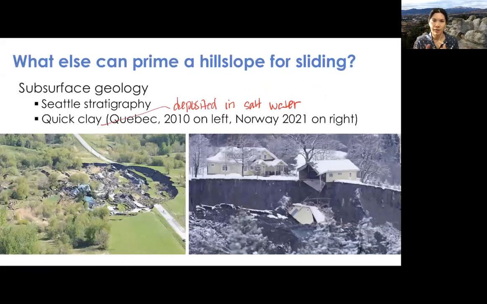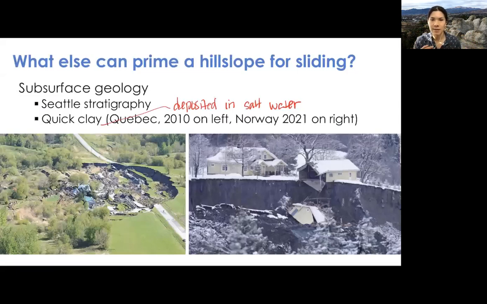So they were depositing in salt water and they have a lot of salt ions in them. Over time, the oceans receded, the land rose, and so there's no longer an interaction of the clays with salt water. Over time, too, rainwater is flushing through these clays and it's taking out the salt ions, and that weakens these clays. And eventually they fail in a type of landslide that's a quick clay slide.